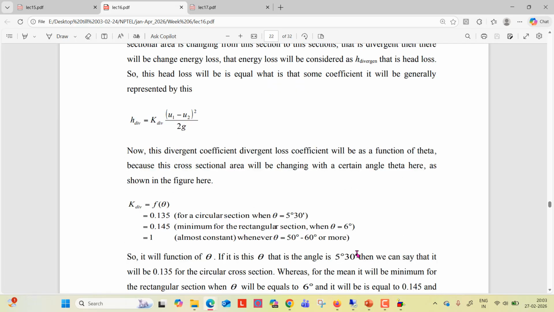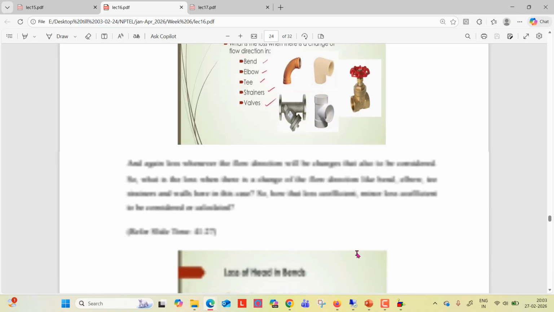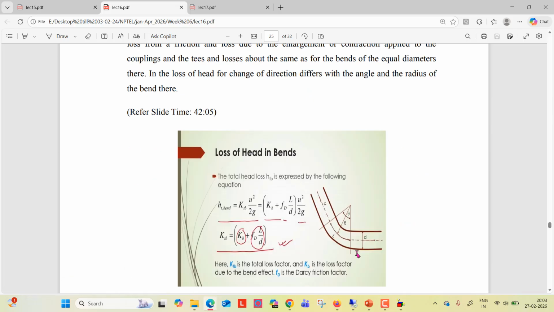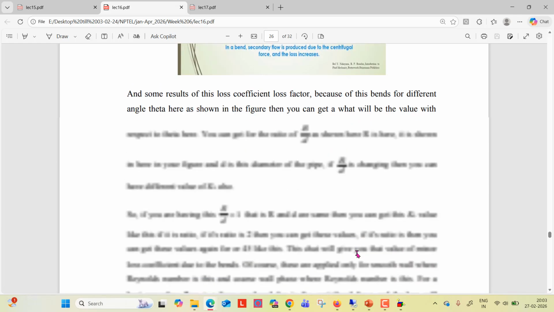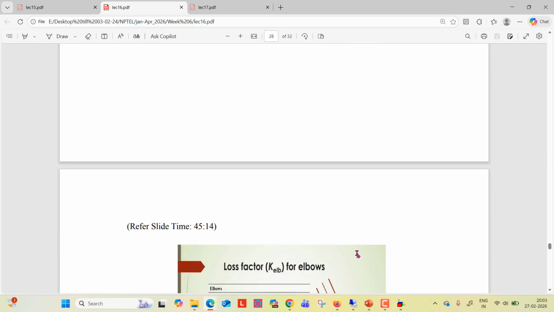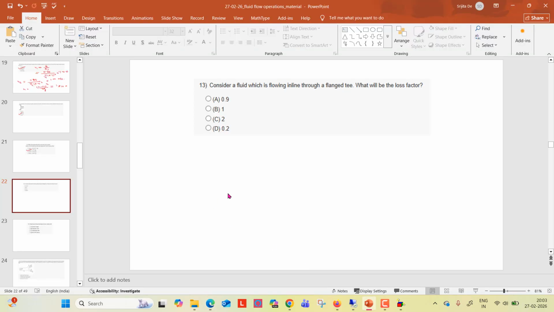I think this is in the last lecture. Let me just see. See, this is for flanged T, 0.2. Option D.